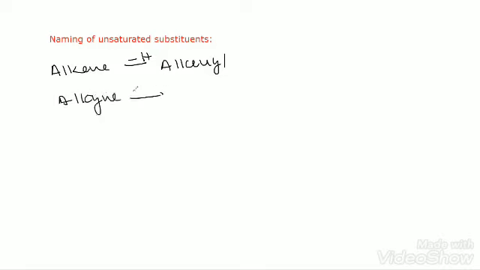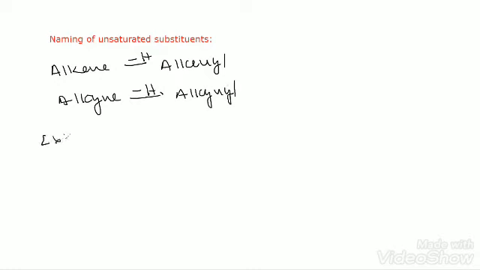Hi, good morning, guys. So back to our naming of unsaturated substituents. For example, if you have an alkene, and from this alkene you remove a hydrogen, then it is called alkenyl. Suppose you have an alkyne, and from this alkyne you remove a hydrogen, then that is called alkynyl.